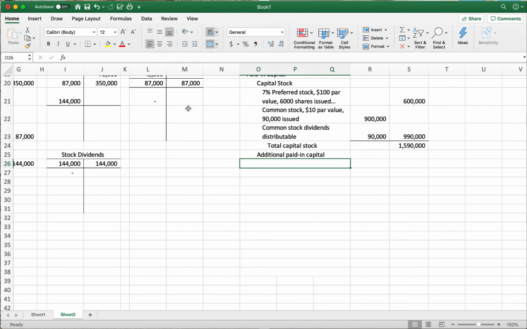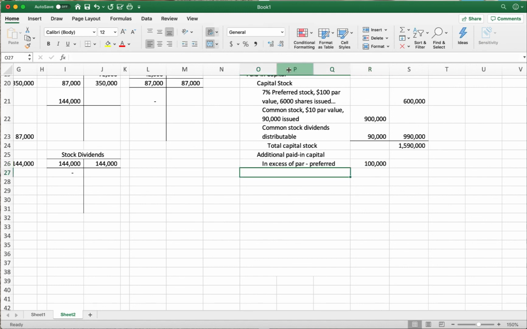Excuse me. So I want to indent 4 times: 1, 2, 3, 4. And what account is this? Well, this is in excess of par preferred stock. And that's $100,000.